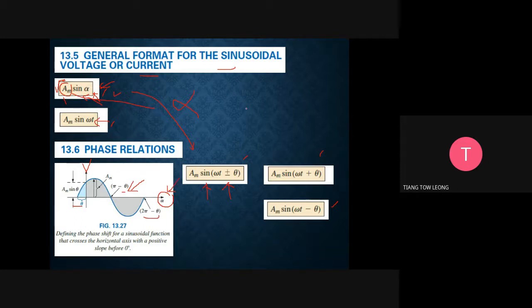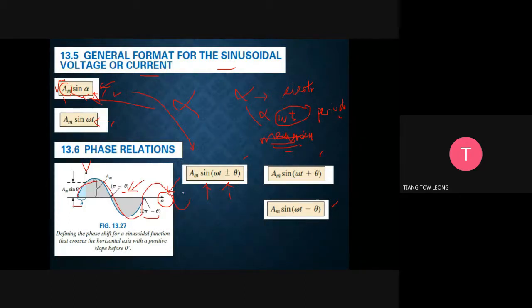Alpha is in electrical, but it needs to relate to rotational. Not mechanical, sorry, I would say periodic, because there is one cycle, two cycles like this.